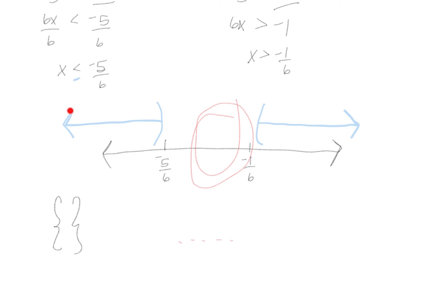Starting at this arrow to the left would have been negative infinity, going all the way to negative 5/6, and then picking back up at negative 1/6 and going to infinity. But that's not the answer, because this wasn't an "or" problem. This is the answer.